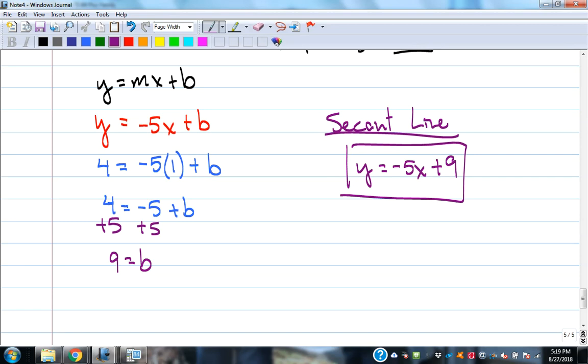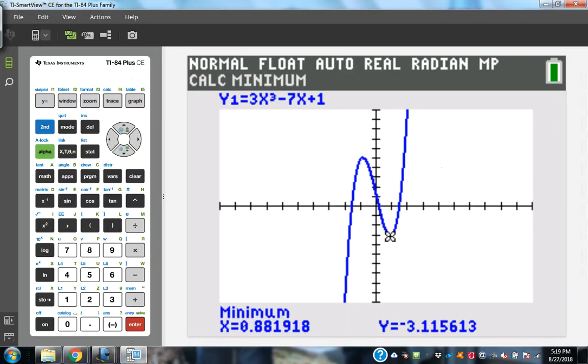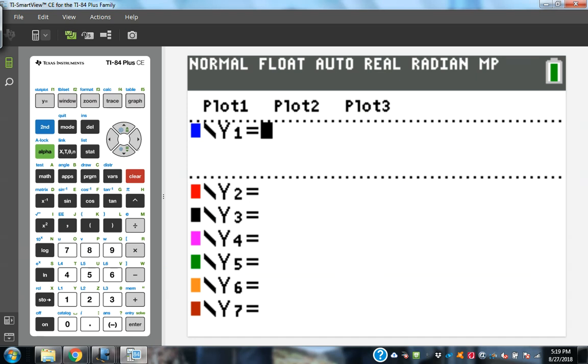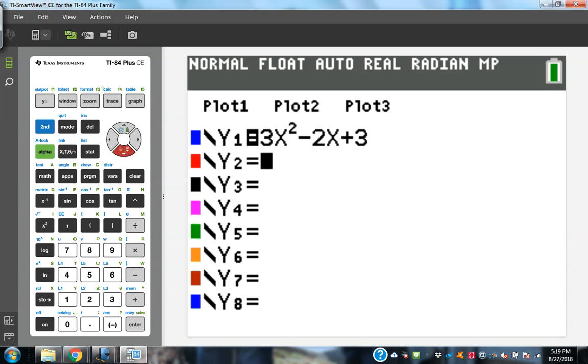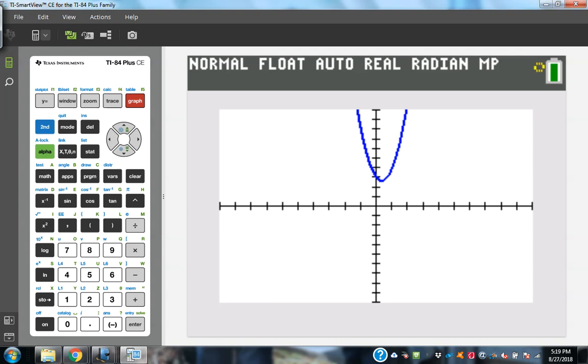If we graphed that original equation on the calculator, and I'll do that just to finish this up here, 3x squared minus 2x plus 3. And then I'm going to graph the secant line as well, -5x plus 9. I'm going to graph both of those.